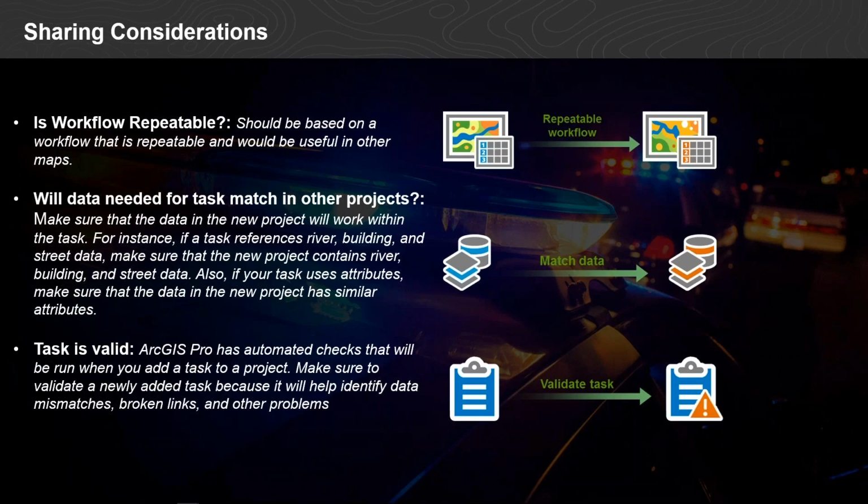But the good news is, even if you find those kinds of errors that pop up, you have the ability in your ArcGIS Pro project to then subsequently edit that task. So if you need to make some minor modifications to the task that someone else shared to you in order to be able to make it work with your data, you can just open up the task designer, you can go make those minor tweaks, and then boom, you're ready to go and use that task.